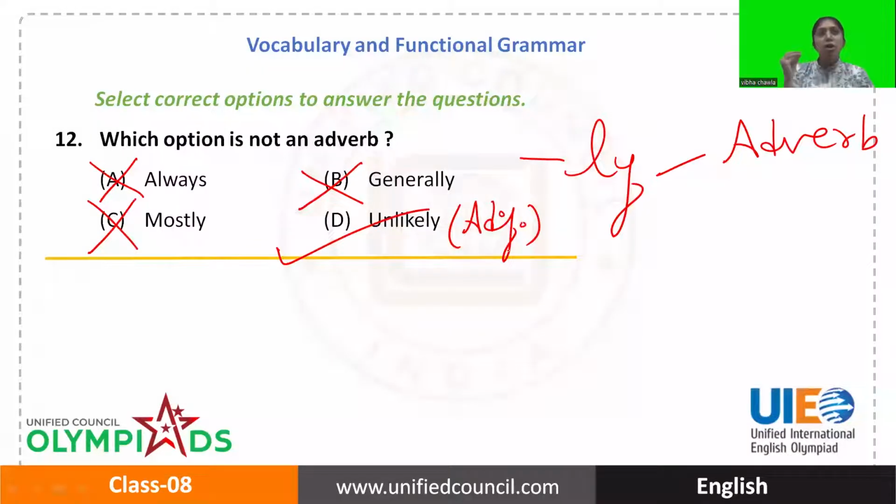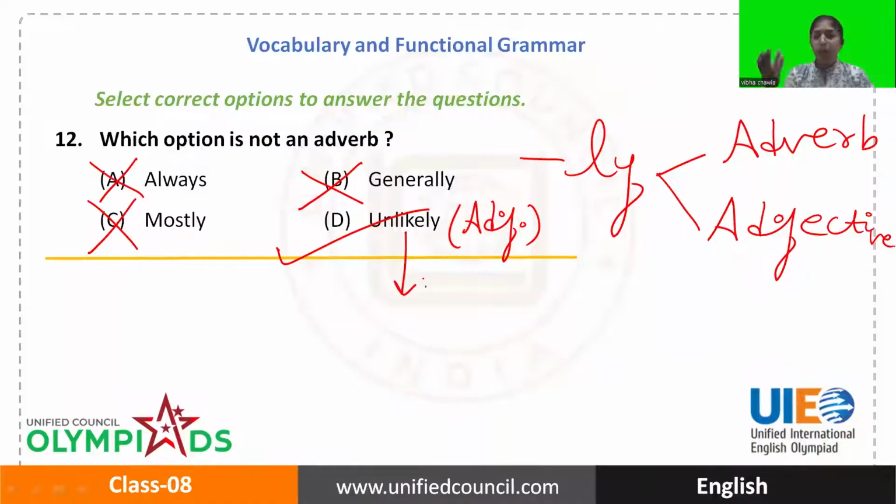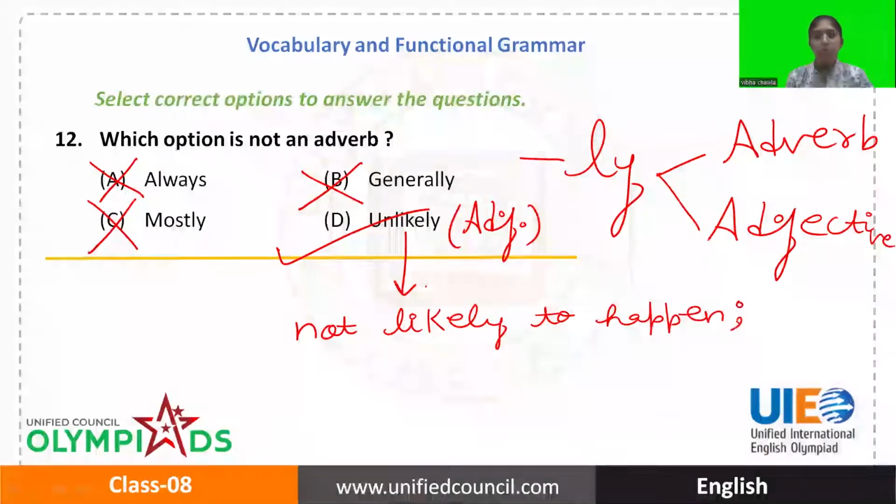So my point is, not every word ending in ly is an adverb. It can be an adjective also. Like unlikely, ending in ly is still not an adverb, it's an adjective. Always, not ending in ly, is an adverb. Okay, so that is the key. Now, what is the meaning of unlikely? Not likely to happen, not probable.